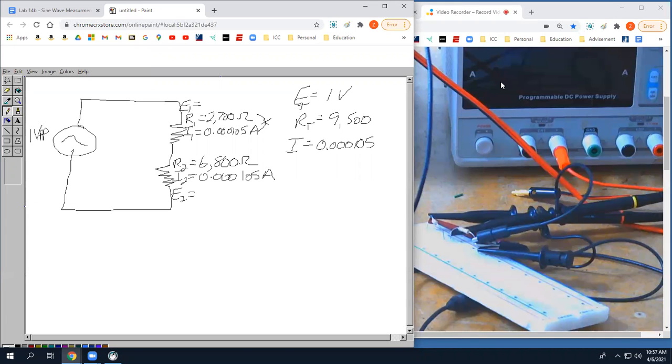I'm getting 0.284. So 0.284 volts. What's the voltage across R2? 6,800 times 0.000105. I'm getting 0.716.